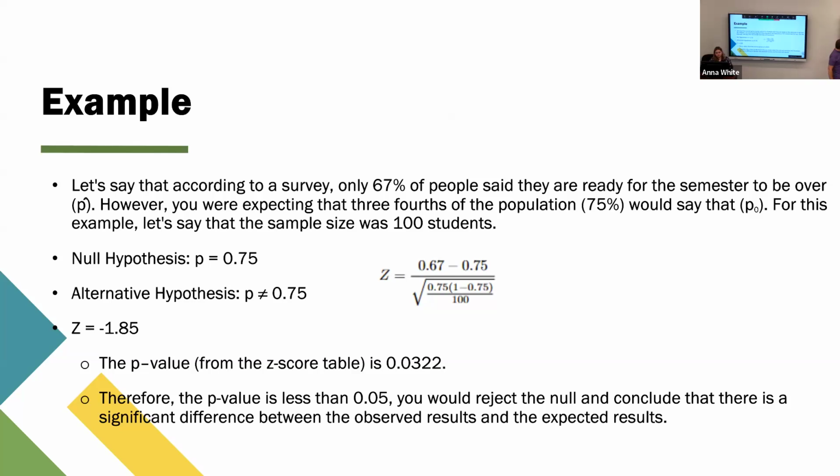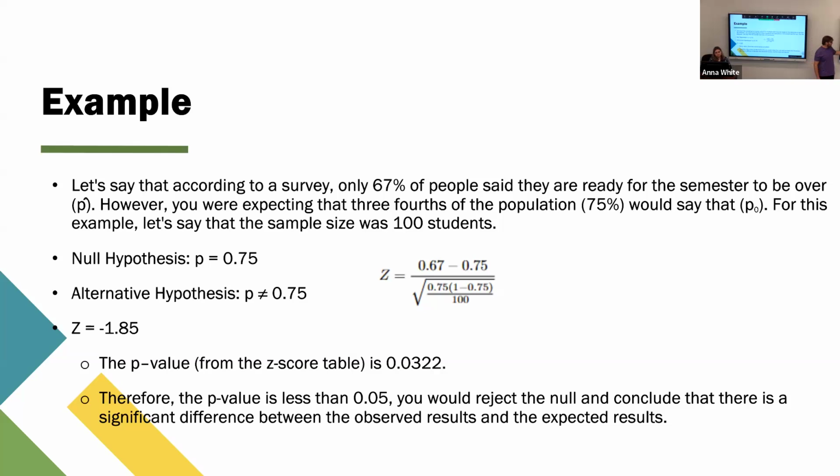So you plug in the observed, the 0.67, and you plug in the 0.75 of the expected or known, and you plug that into the formula, and you get a z-score of negative 1.85. Then you take this z-score and look at the z-table. We did not include a z-table today, but you can easily search it up.